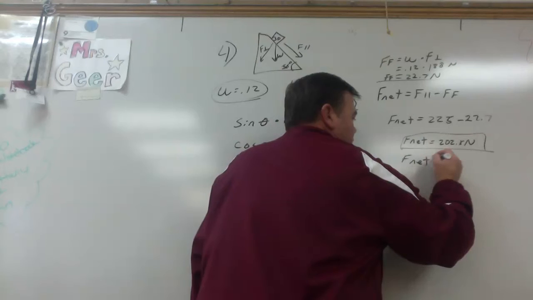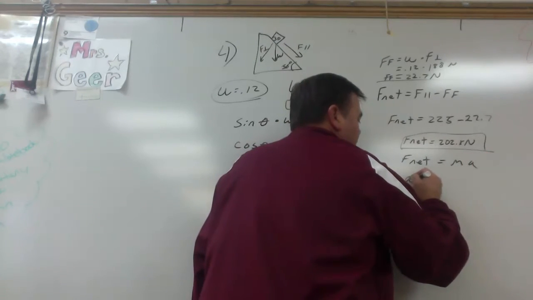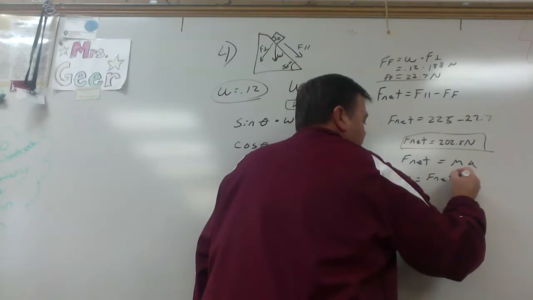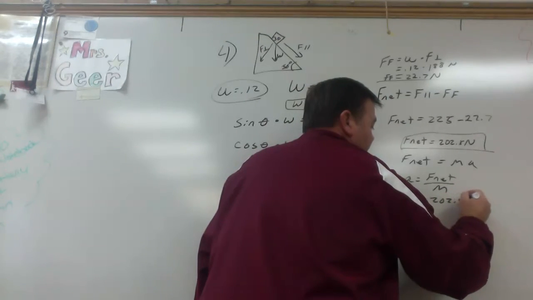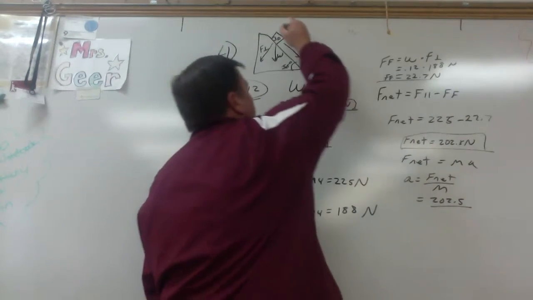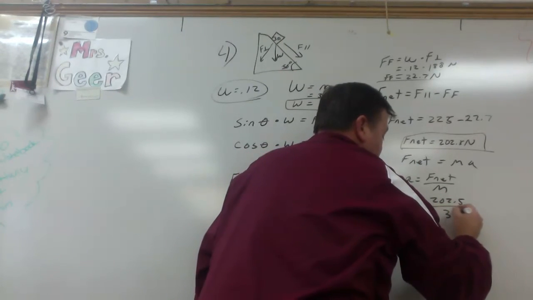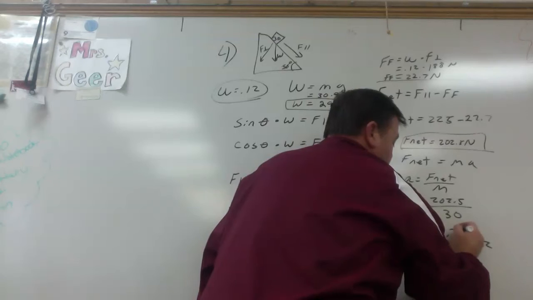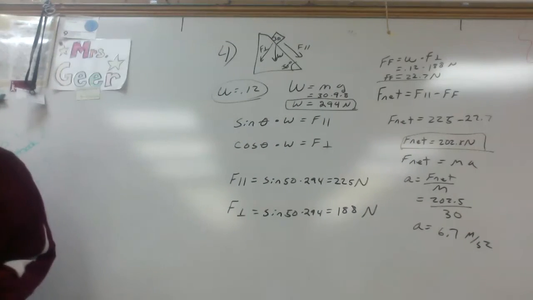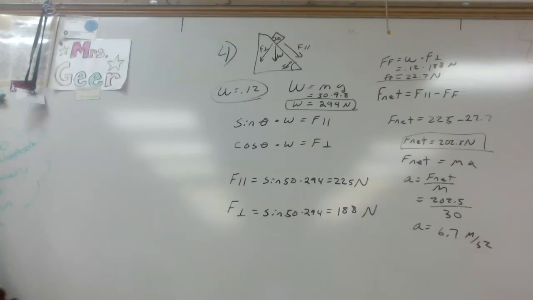F net equals ma, so a equals F net over m. Force net is 202.5 divided by 30. My acceleration is 6.7. Very good.